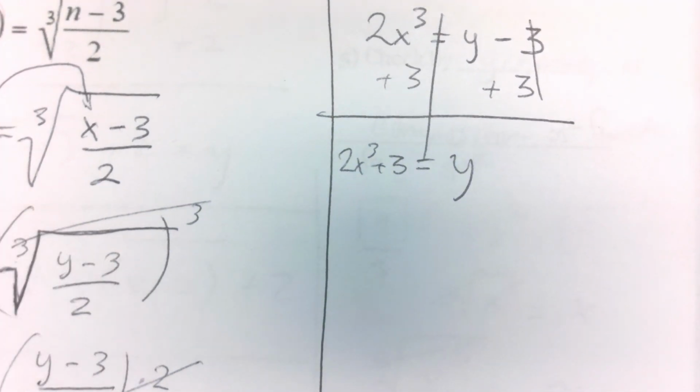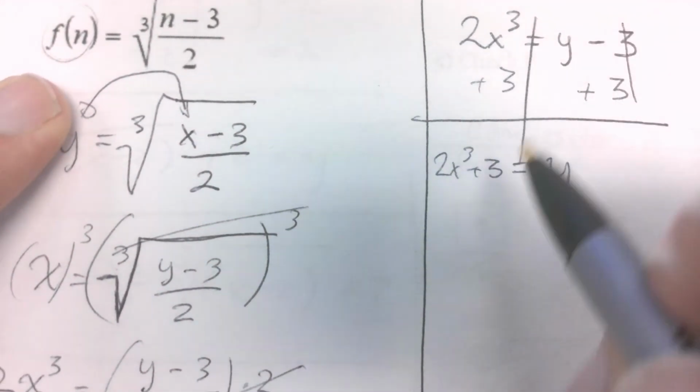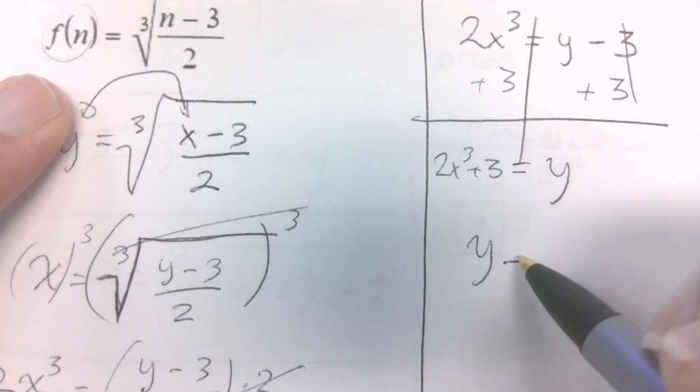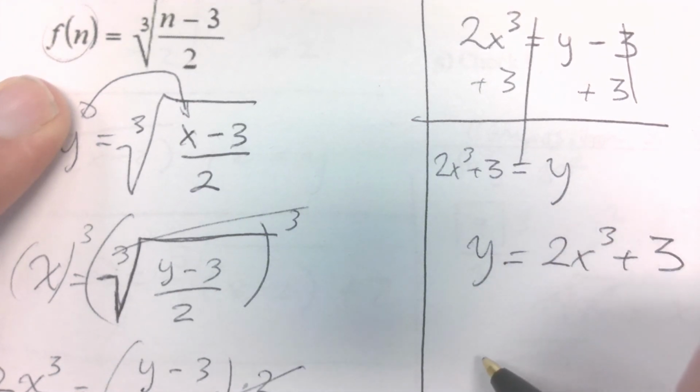You can look at your front cover, it tells you. Step 4. Rewrite. Yeah, right. We're going to change what to f inverse of x? What's going to change to it? What letter? Y. Mm-hmm.